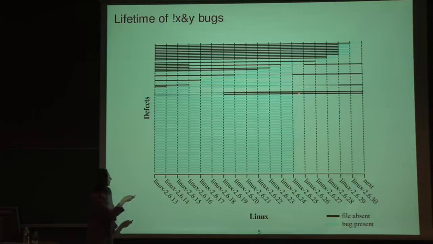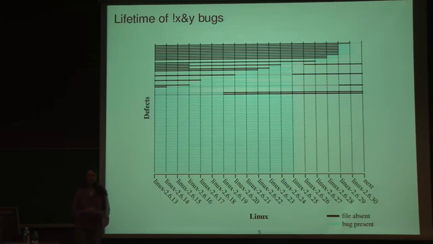So we see lots of occurrences of the bug here, and then at this point they all get fixed. Actually, there's a line here where there's a version where there's none of these bugs left. But then you can see over here that they creep back into the code. The black lines mean places where the particular file didn't exist. So what has happened is the bug was fixed in all of the existing files, but new code has been added and that code has the bug in it again.